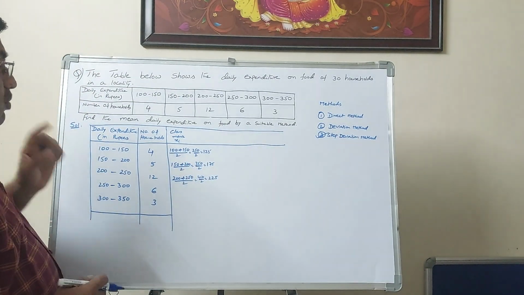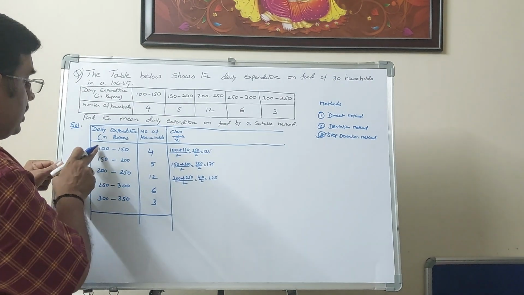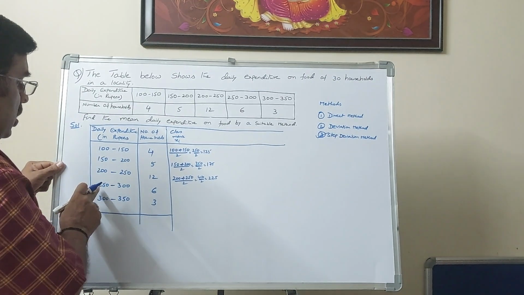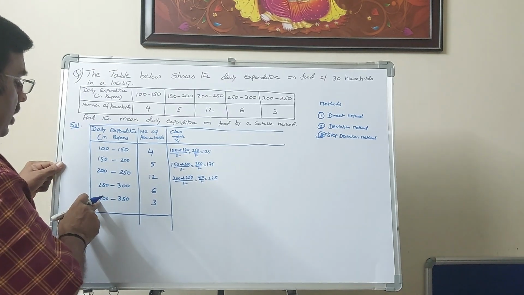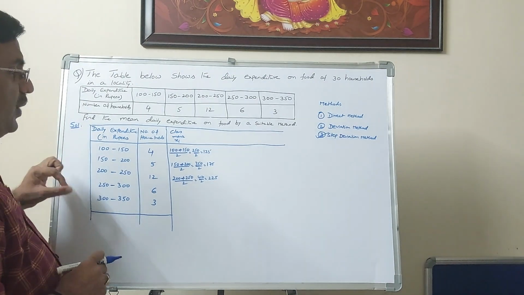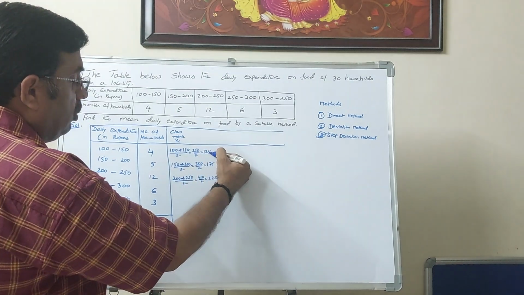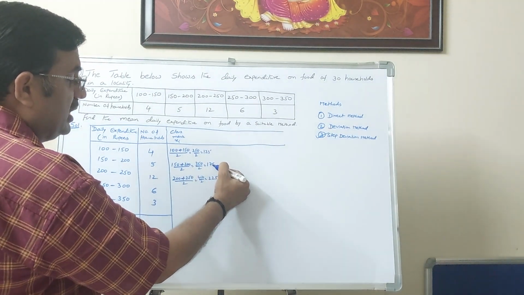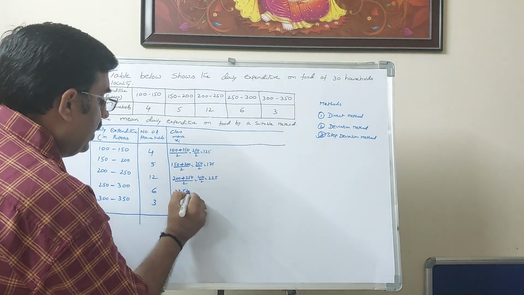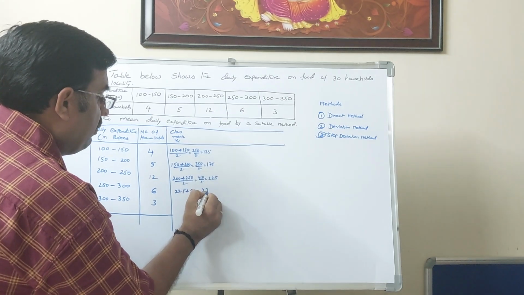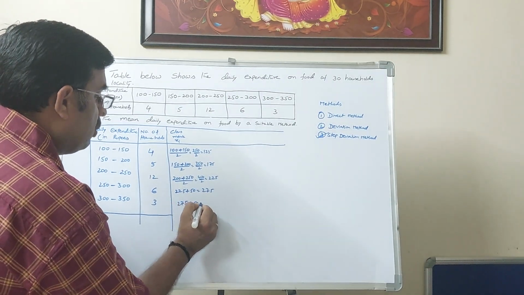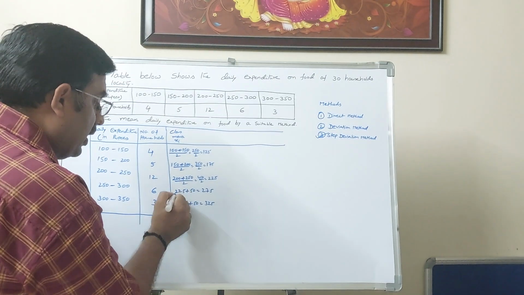Or otherwise, what you can do is use the class size. 150 minus 100 is 50, 200 minus 150 is 50, 250 minus 200 is 50, 300 minus 250 is 50. So we have a class size of 50. You can add 125 plus 50 is 175, 175 plus 50 is 225, 225 plus 50 is 275, 275 plus 50 is 325.